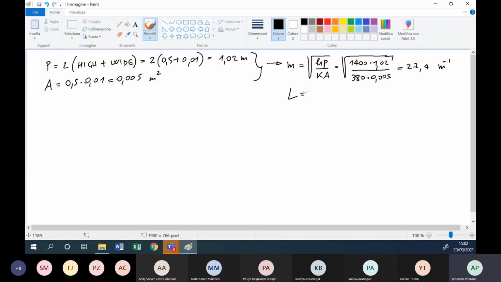The length is equal to 0.04 meters, and so mL is equal to 1.096.